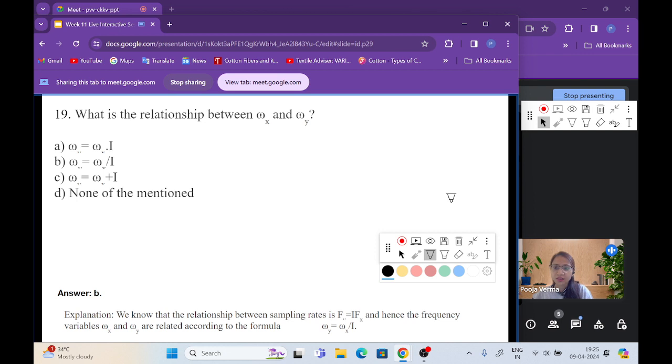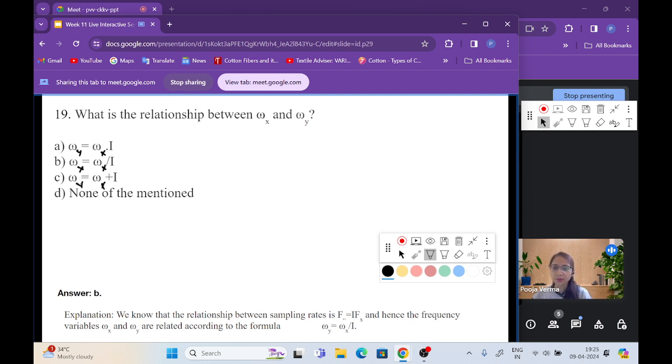What is the relationship between omega x and omega y? Here option A is omega y equal to omega x into I. Option B is omega y equal to omega x divided by I. Option C is omega y equal to omega x plus I, or option D is none of the mentioned.